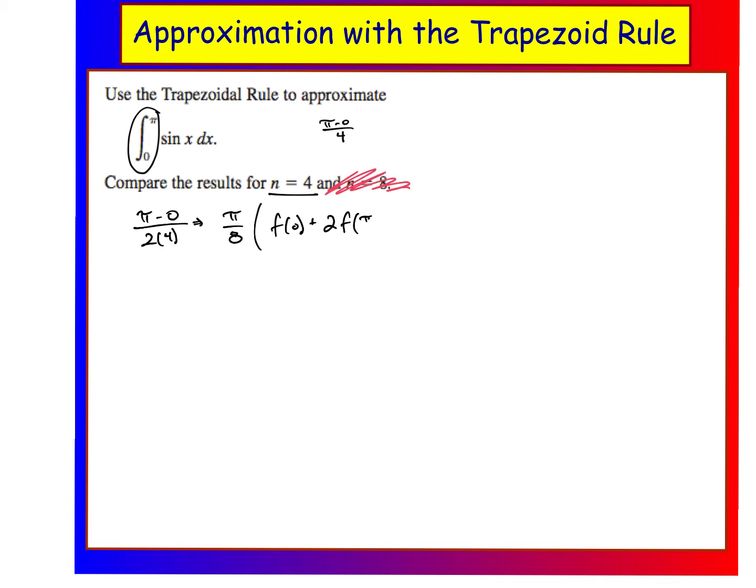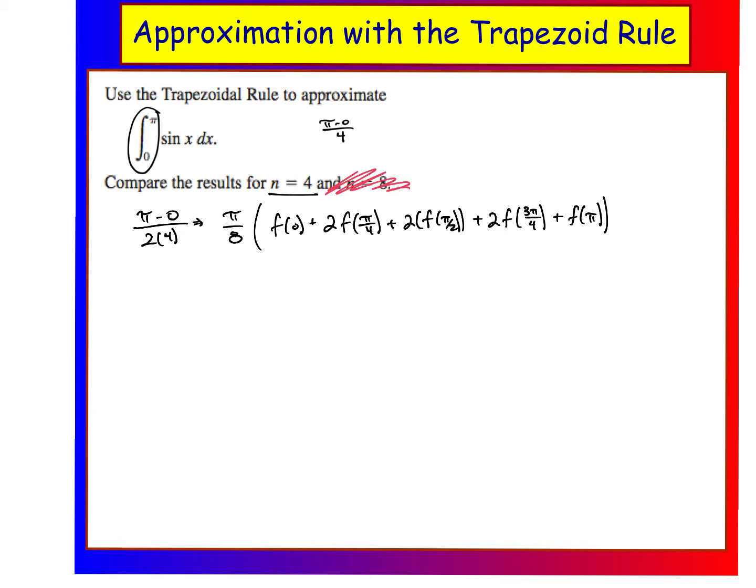So now I do f of pi over 4 plus 2 times f of pi over 2. And then plus 2 times f of 3 pi over 4. Then what? Just plus f of pi. And again, we end with a coefficient of 1 because it's only used 1 time.